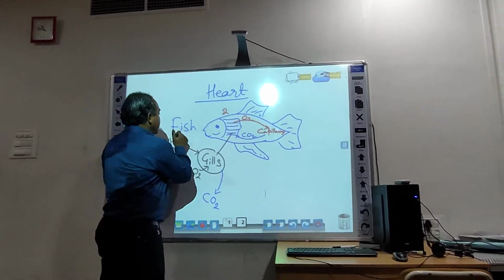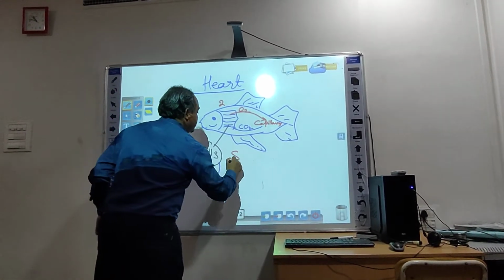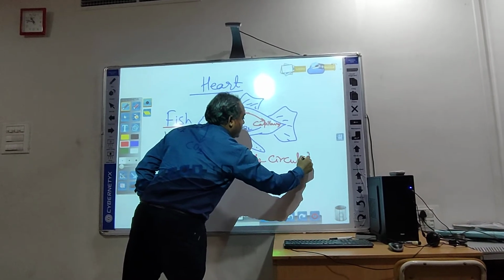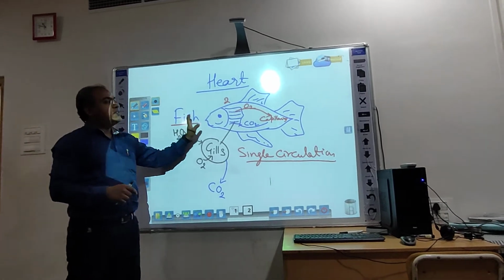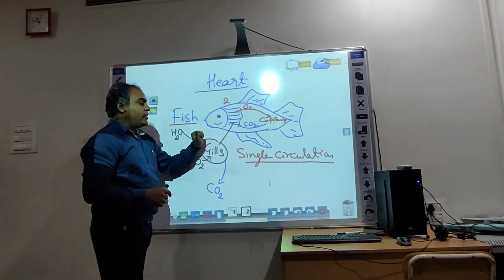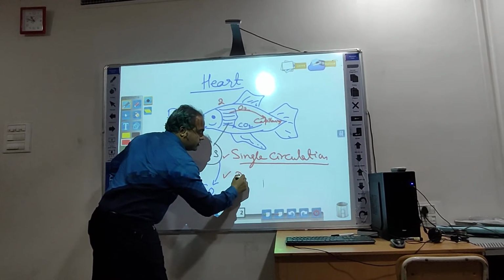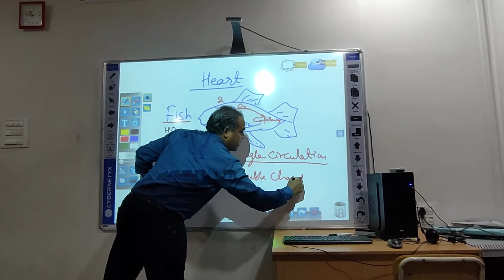That's why this type of circulation in fish is known as single circulation. Okay, single circulation, because the blood is coming once only to the heart. The heart that the fish has is double, that is, we call it a double chamber. So what are the chambers here?